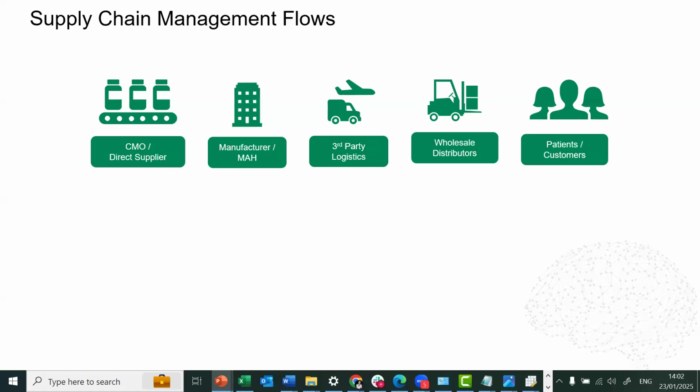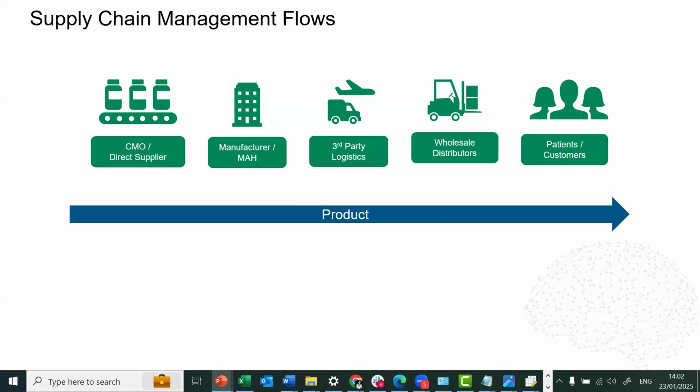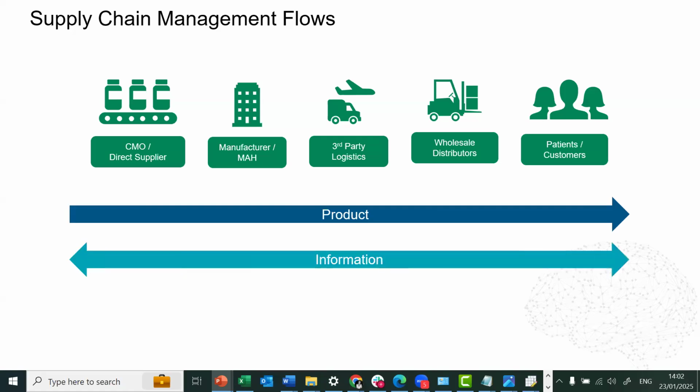So when we look at end-to-end supply chain, there are three flows that are always present: product, material, and service flow, the flow of information, and the flow of finance. Material typically flows one direction from upstream to downstream, raw materials to finished goods.